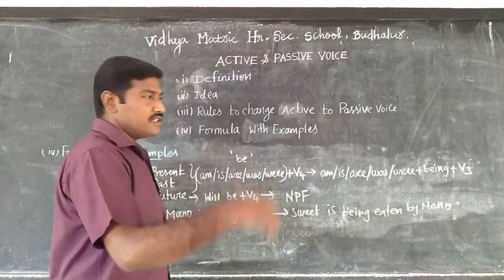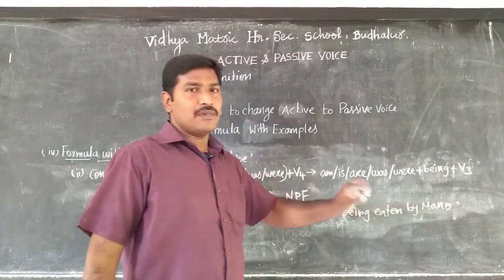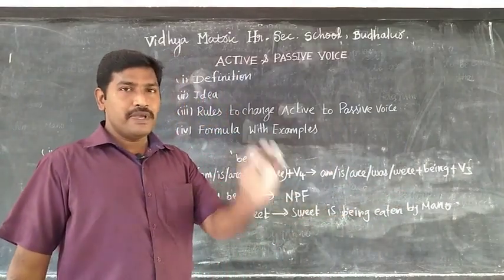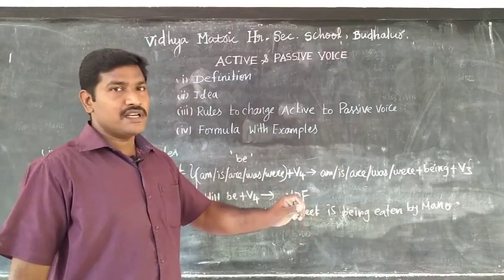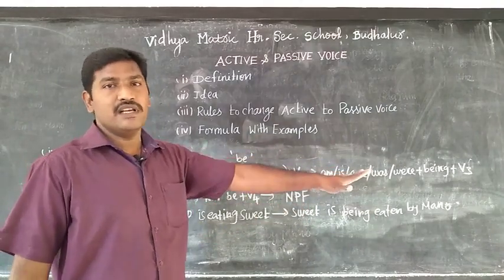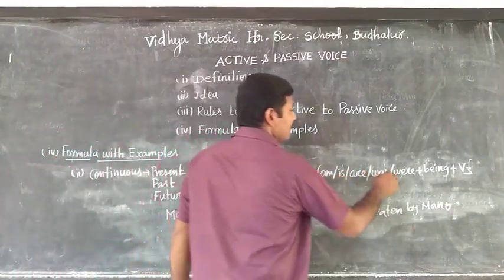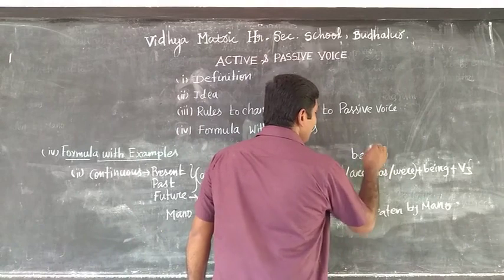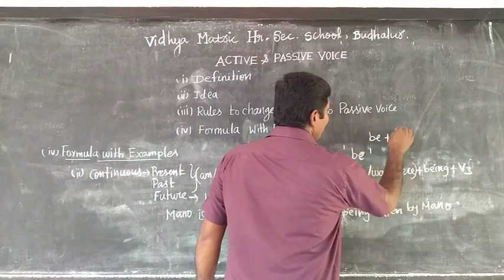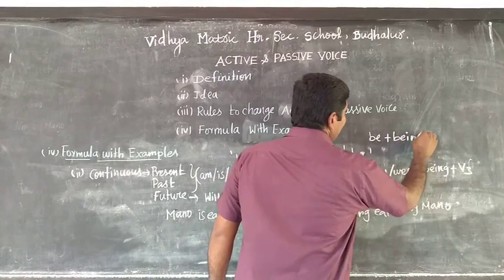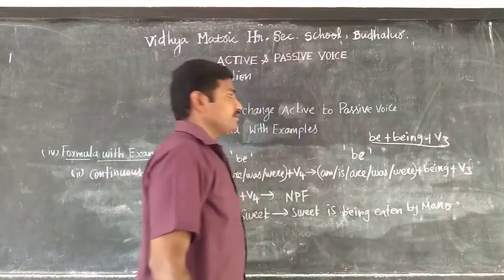It changes into B form verb plus being plus V3. Very simple formula. We have to insert one being in between the B form verb and the main verb of the sentence. The main verb changes into V3. That is the simple idea. The am, is, are, was and were are also called B verbs. So B verb plus being plus the verb changed into V3. Very simple.